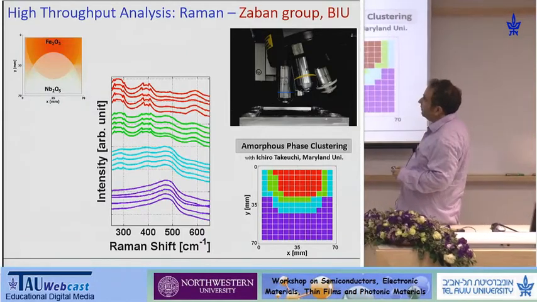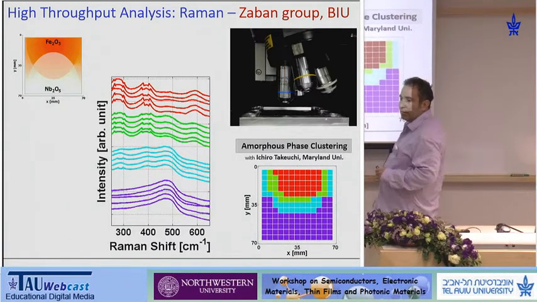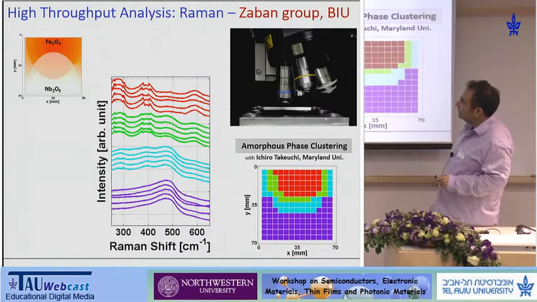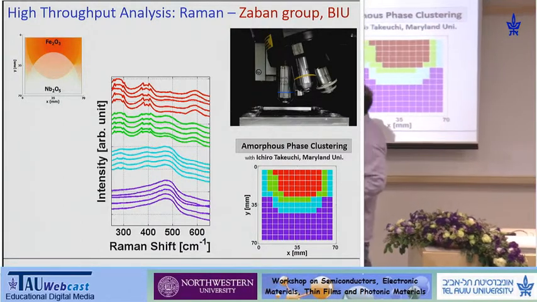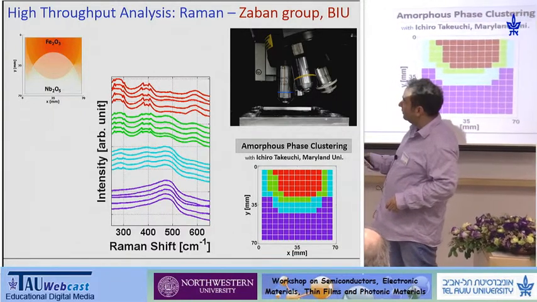Now, in the group of Aryeh, they try to characterize materials by Raman measurements. Basically, they mix two materials with pulsed laser deposition in a way that creates a gradient where on one side you have one material and on the other side you have the other material.